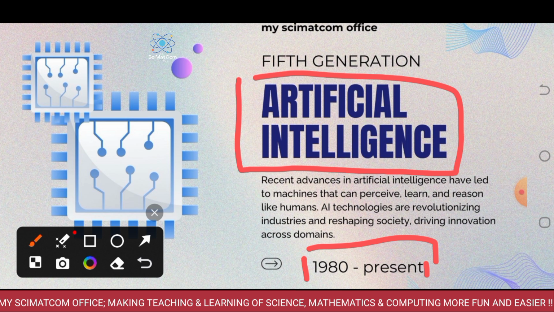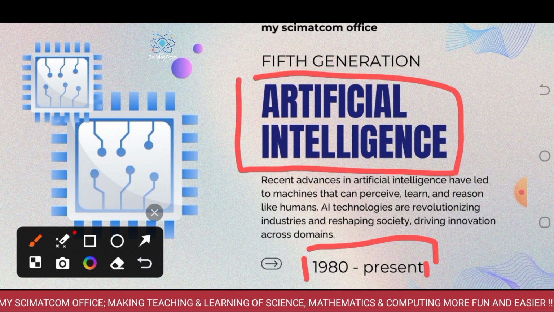So systems have been put in place to work like humans, to think like humans, to learn like humans, to pursue information like humans. And these systems are what we call artificial intelligence. Whatever a human being can do, these systems can also do. May it be thinking, reasoning, computing, learning, making decisions, all those things can be done by artificial intelligence.